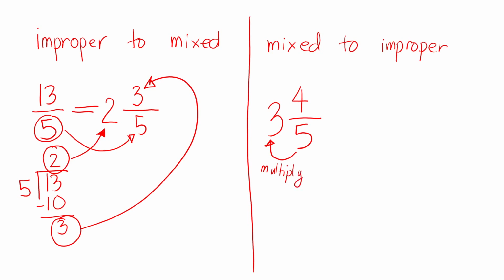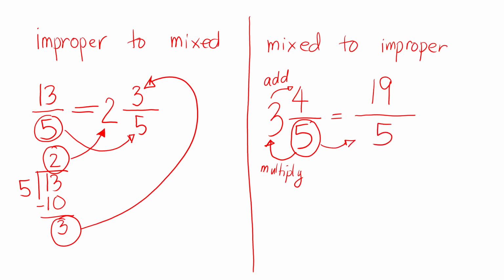What is 5 times 3? 15. Then, after that, you add. 15 plus 4, 19. Asa ibutang si 19? Sa numerator. Very good. What do I write in the denominator? Copy the denominator 5. Okay?